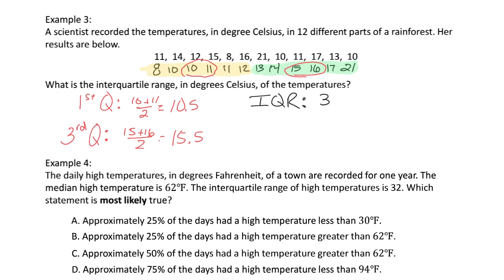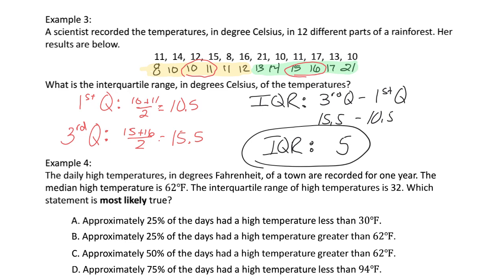We do our third quartile minus our first quartile. So then we do 15.5 minus 10.5, and you get an interquartile range of 5. So again, we just looked at the lower half of the data, found our median, looked at the upper half of our data, found the median, and subtracted them.